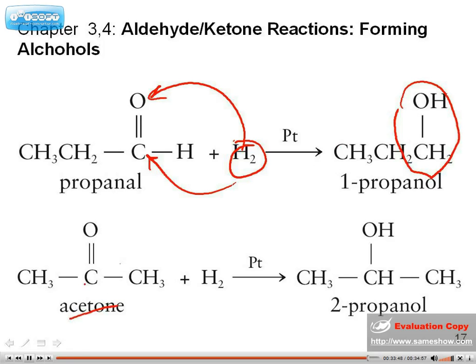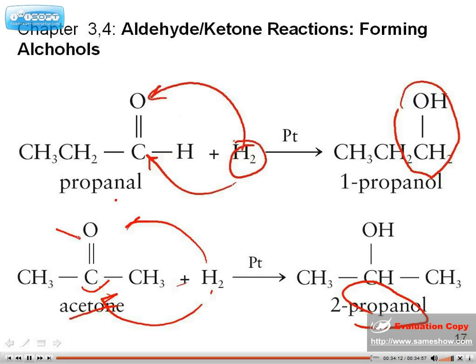Acetone, this is a secondary alcohol. Hydrogen goes on here, the other hydrogen goes down here, so it forms a secondary alcohol. So acetone always forms a secondary alcohol. And then propanal always forms a primary.